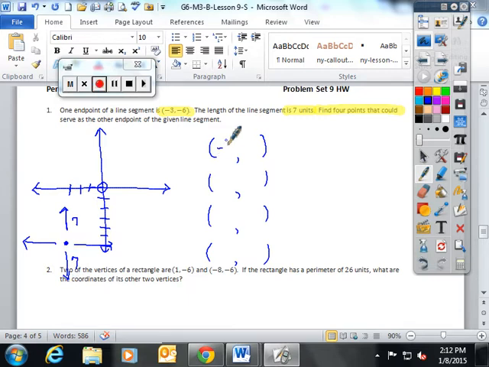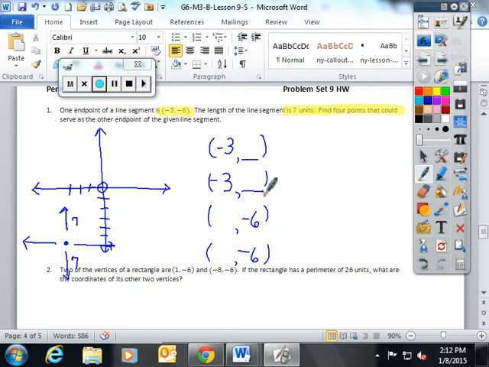So I'm going to start by making negative 3, blank. If I was going to make 2 points go horizontally, I would still be at the same y-coordinate right here. It's just my x's would change. So I'm going to keep negative 6, negative 6.